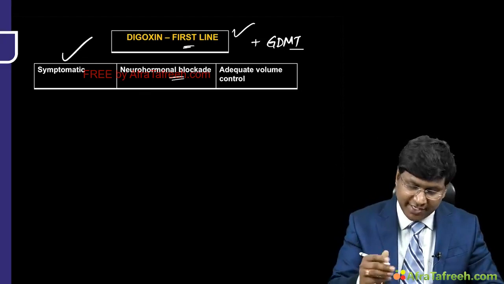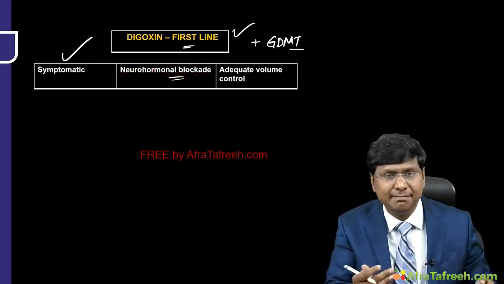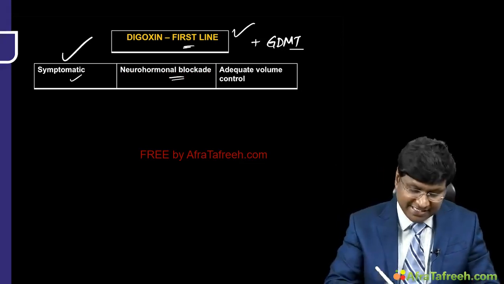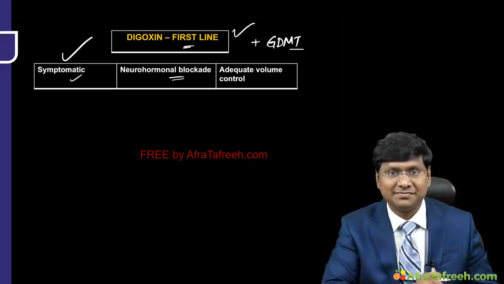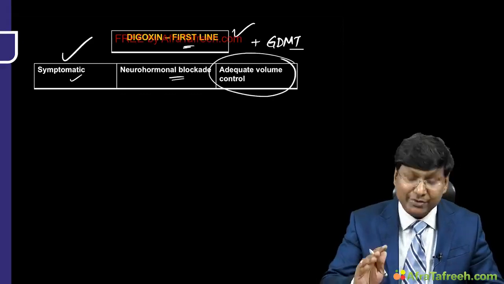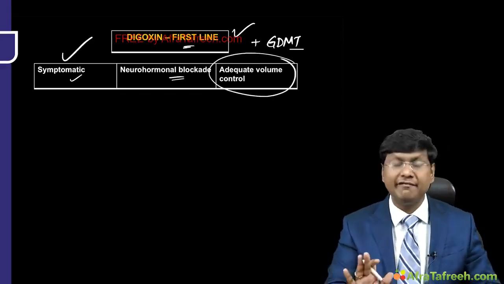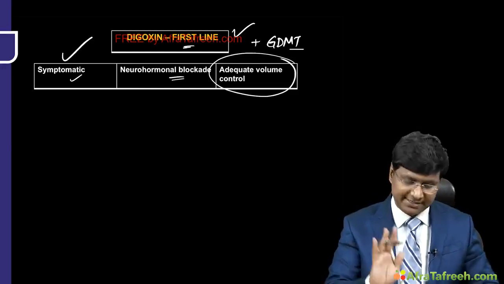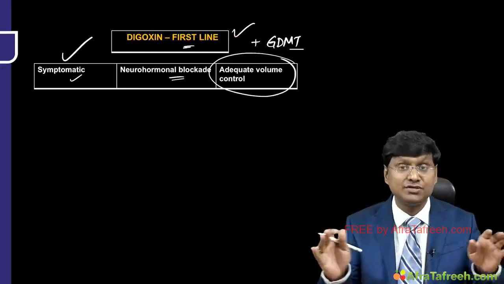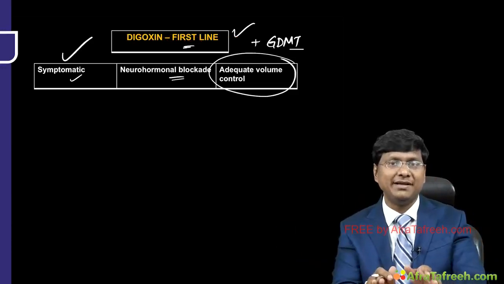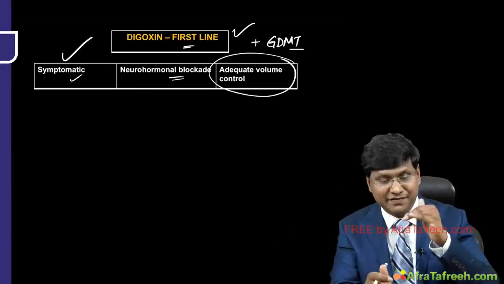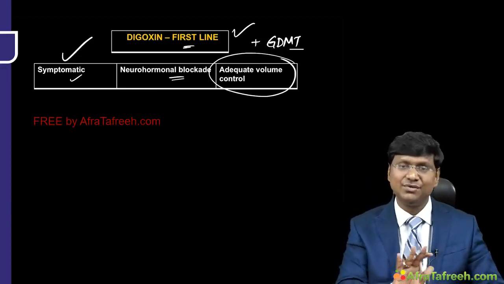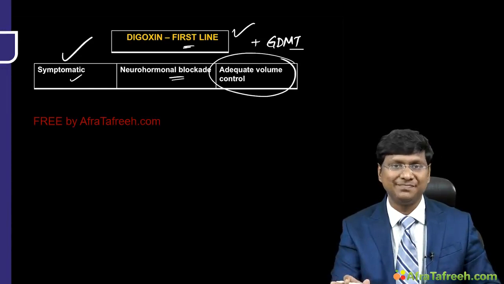That means the patient is already taking neurohormonal blockade, beta blockers, ACE inhibitors or ARBs, and mineralocorticoid receptor antagonists, with adequate volume control with diuretics, but is still symptomatic. Otherwise, we don't add digoxin commonly, right?